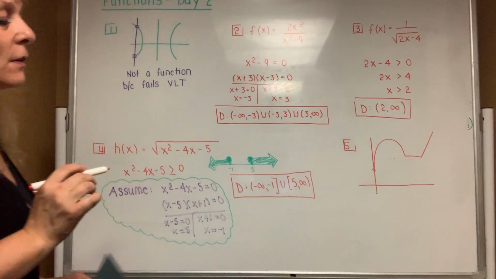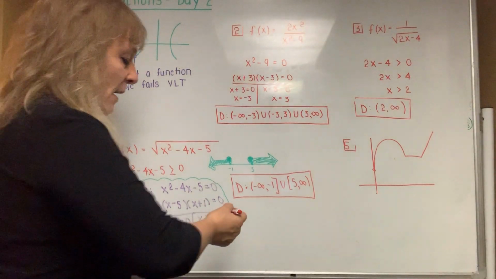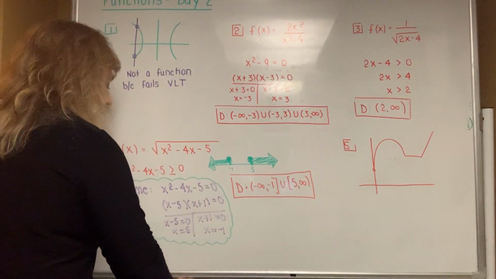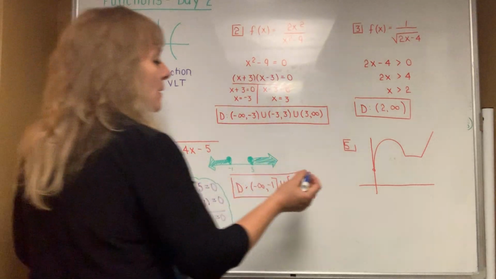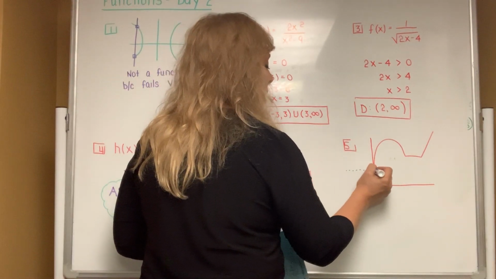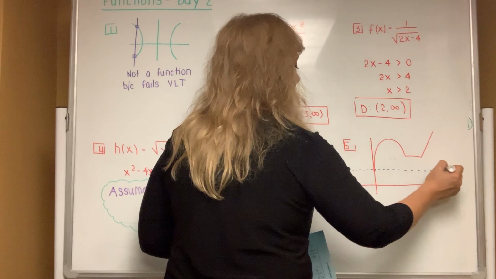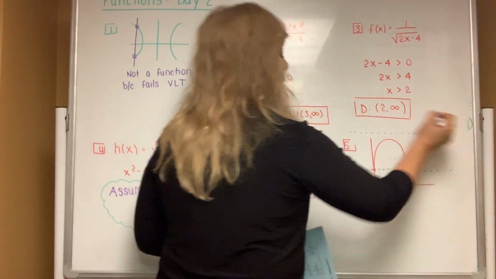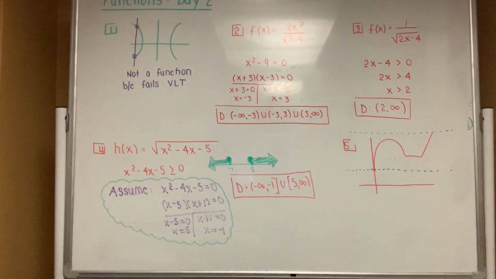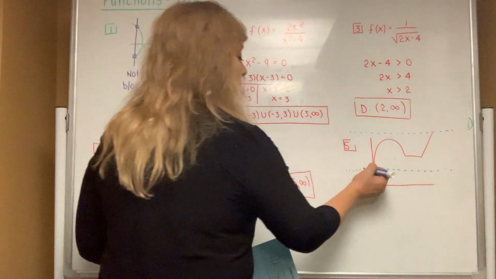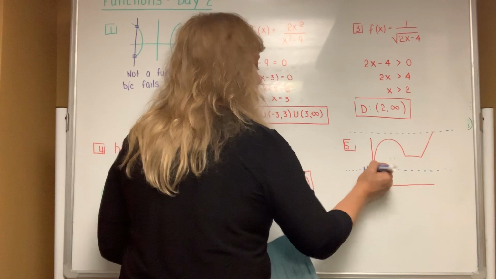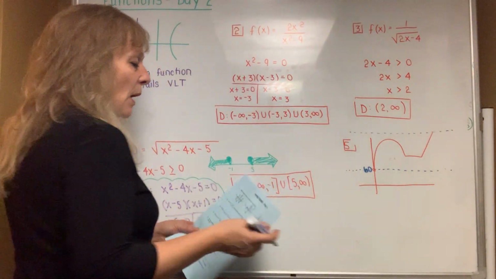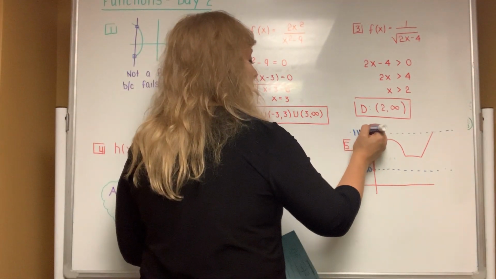When you're going for the range, you're going for the y values. Your entire graph lies above this dotted line, but below this dotted line. For the range, you want to know the lowest y value, which is at 60, and the highest y value, which is at 110.